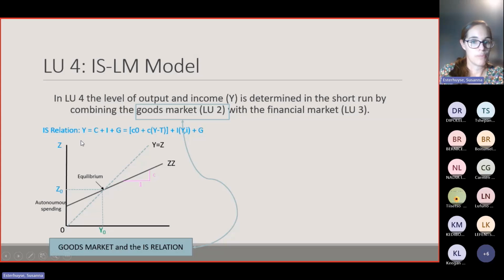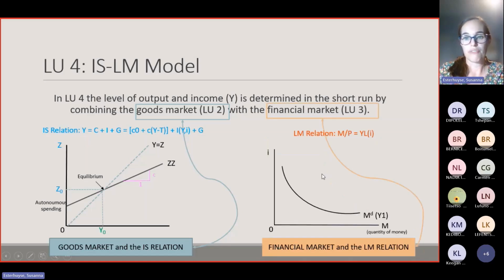We said this is called the IS relation, and it's derived from your demand curve and your demand for goods formula, and also then equilibrium in the goods market. While your LM curve will be derived from your financial market, like we've done in the previous slides, so your equilibrium in the financial market.